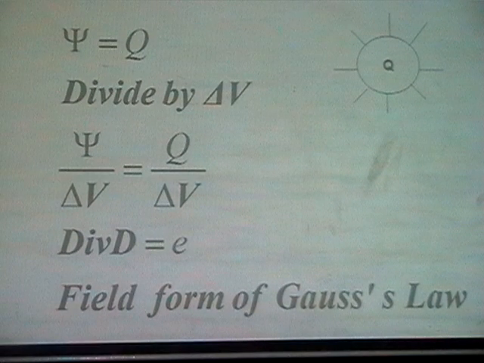Tell me, what is delta V? Delta V means infinitesimal volume. Can you give some examples for delta V? When you are sitting in the classroom, first bench people are receiving a lot of delta V's from the teacher, because your teacher is using chalk.